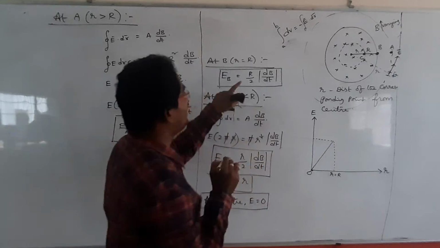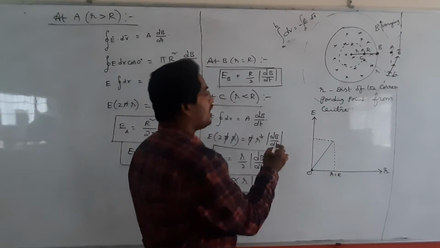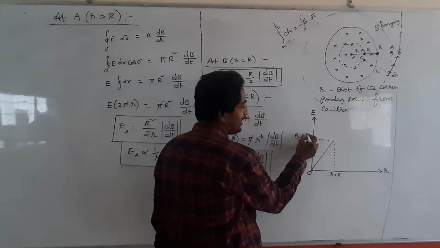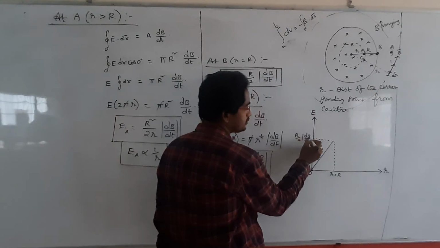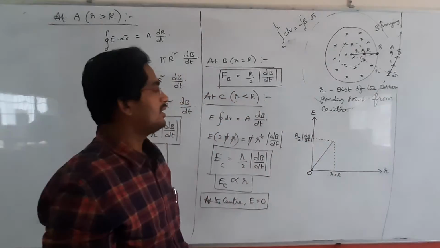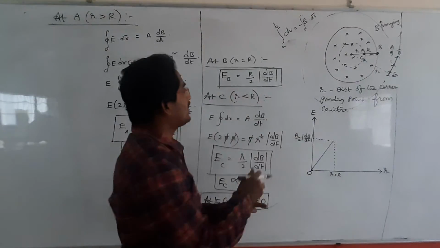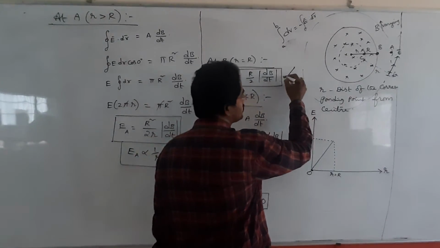What is the field value at the edge here? R by 2 into dB by dt. That is the maximum value of the field on the edge.